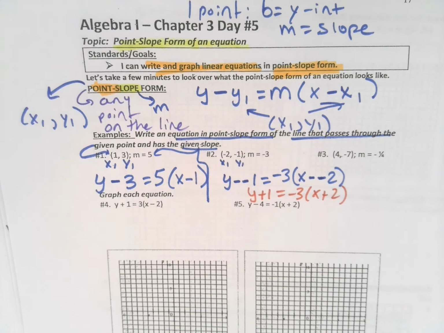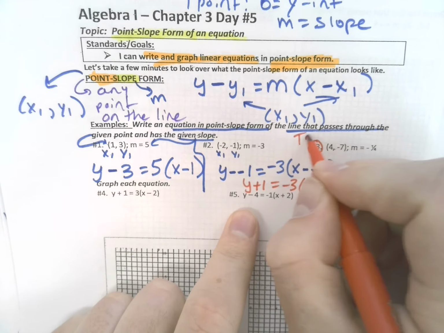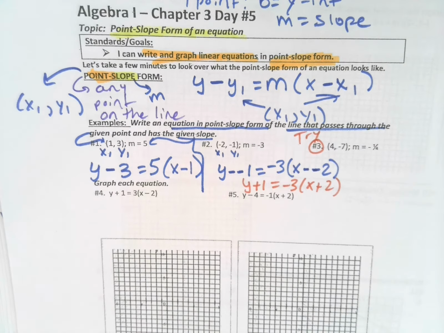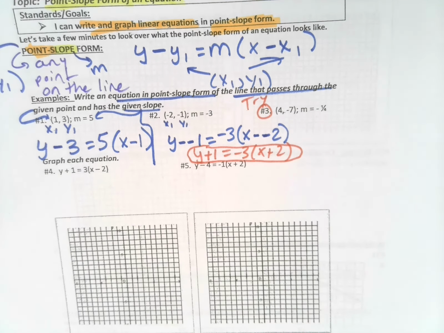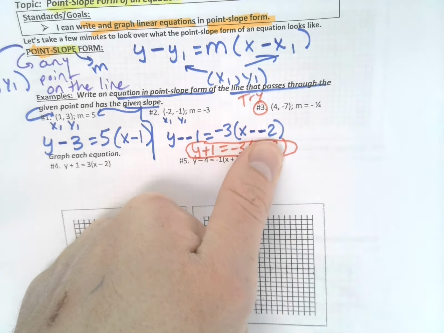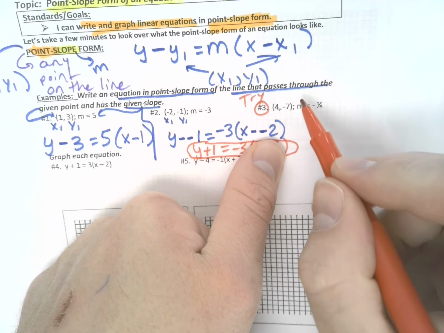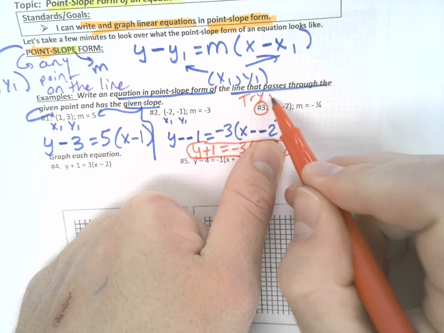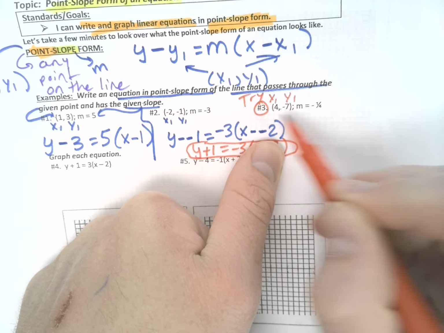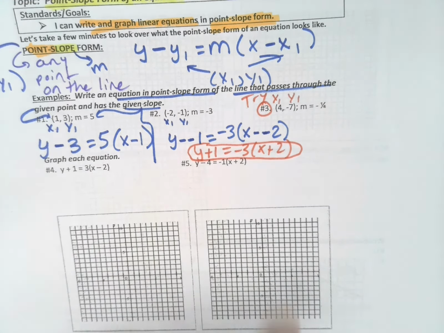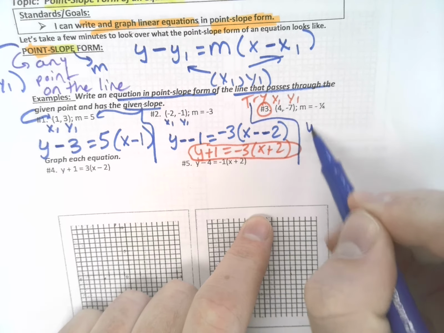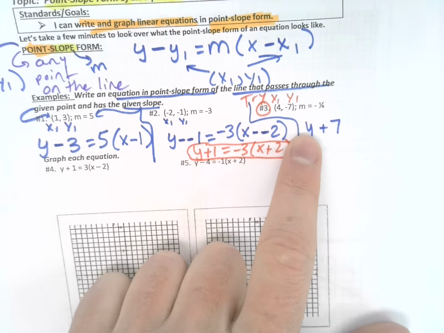So I'm going to let you guys try number 3 for me. Jazz, what's our x1 and y1 on number 3? 4, -7. That's our first point they give us. And so what would our equation look like? Why is that a plus?